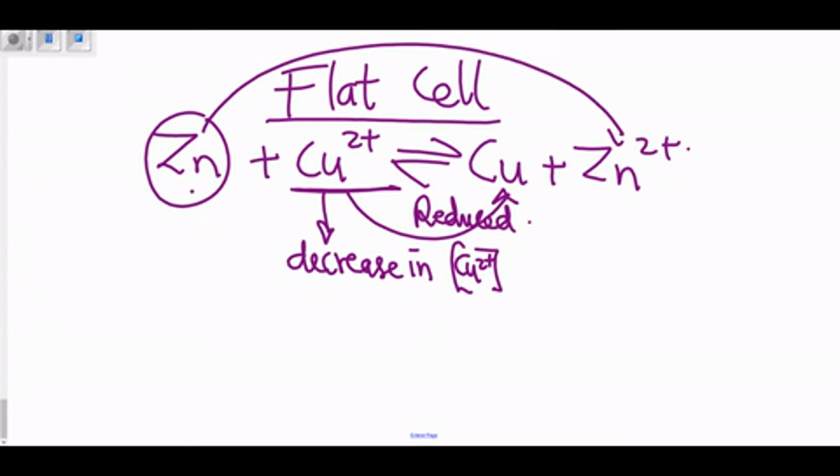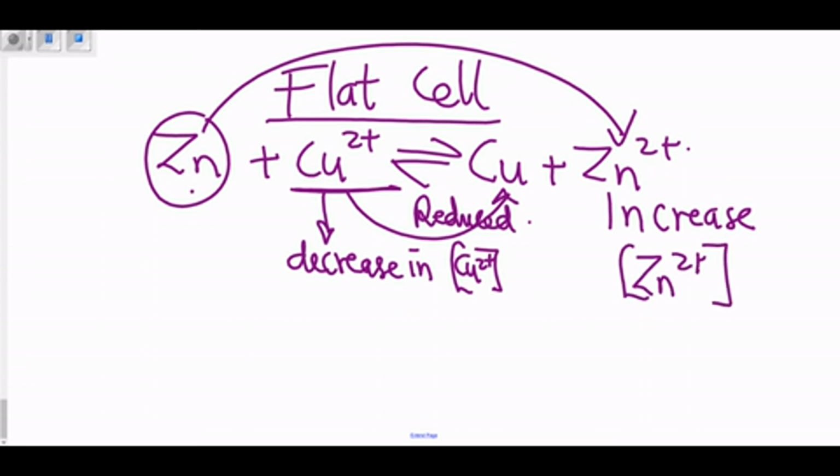So there's going to be an increase in concentration of the zinc 2+ ions. You saw in that video the electrode was dissolving into the solution. What will happen now? This change in concentration creates a stress on the system. The equilibrium will shift to minimize the stress caused by the change in this concentration.